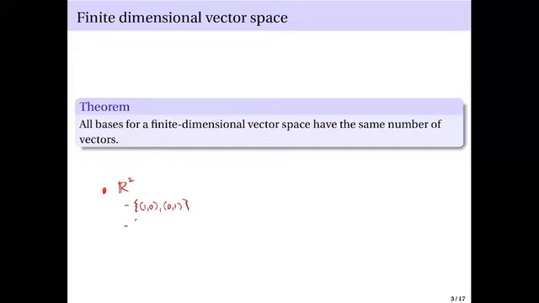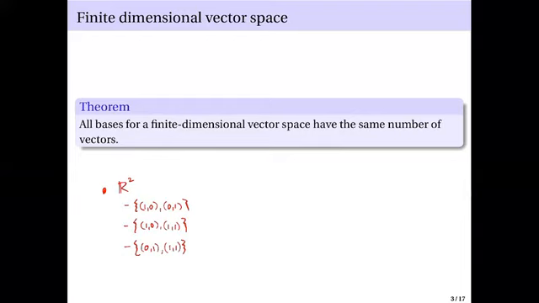If we check this set here, (1, 0), (1, 1), I think we've seen in the previous lecture that this is also a basis. So this has two elements. And maybe you can also check this set. This also forms a basis for R2 and it also has two elements.